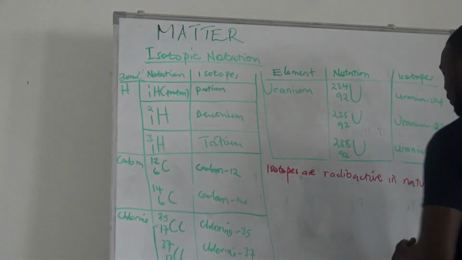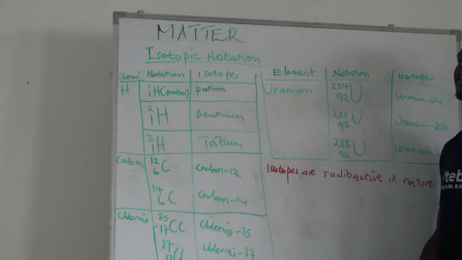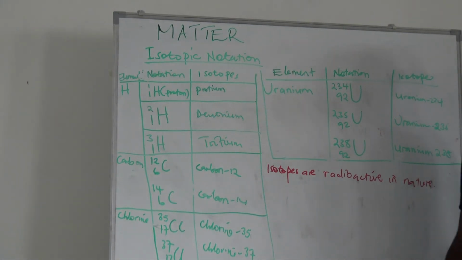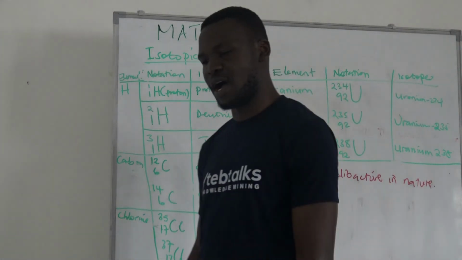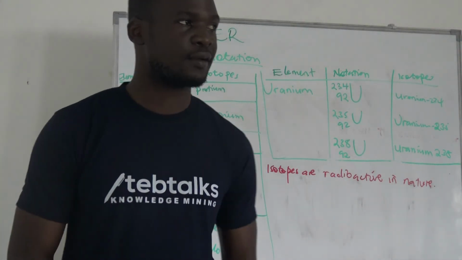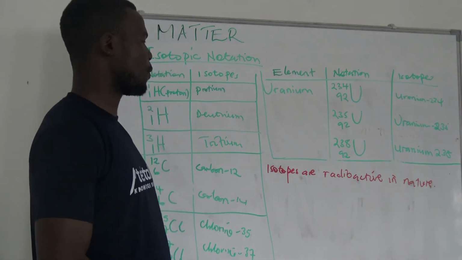For example, in primary and O-level, we are told that the skull of an early man was found at Olmsted, and when they tested it, it showed that this man had existed for some good millions of years.